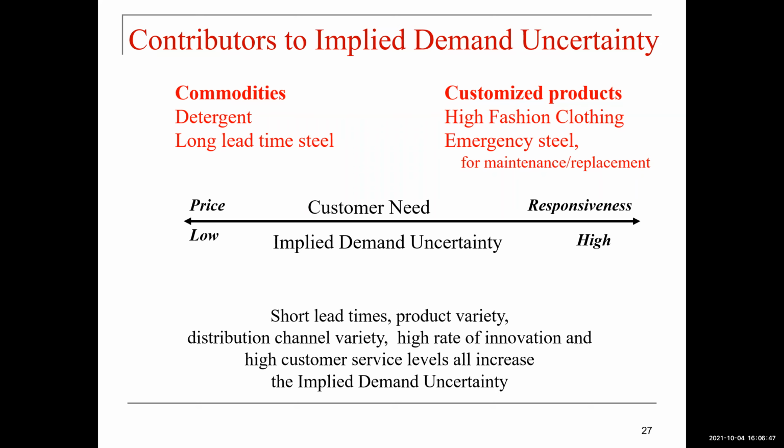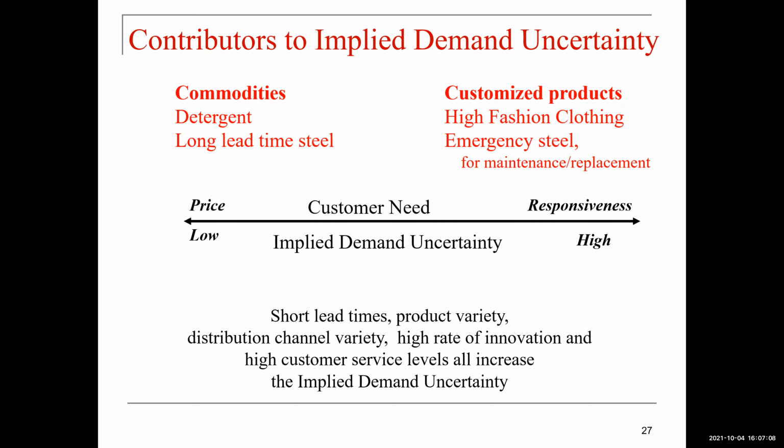But if the implied uncertainty is high and we're dealing with a customized product, then there's a high need for us to be able to meet those specified demands by the customers, those customized needs. So responsiveness is going to be very important.